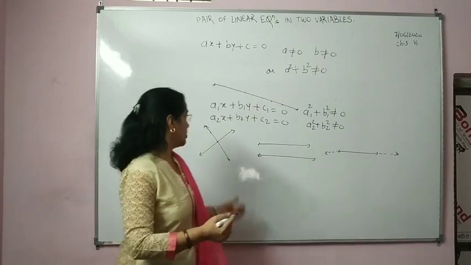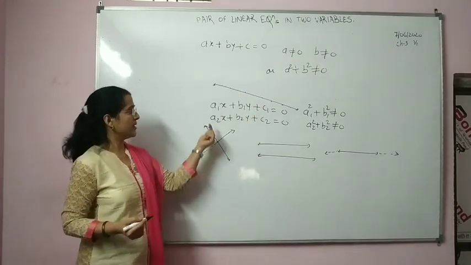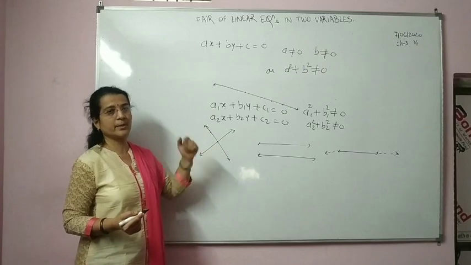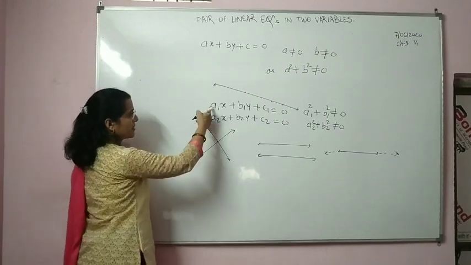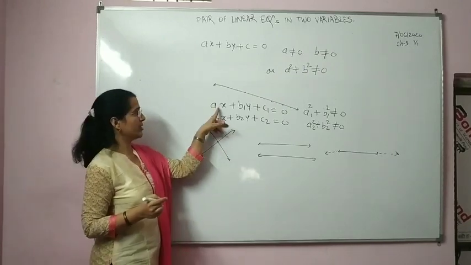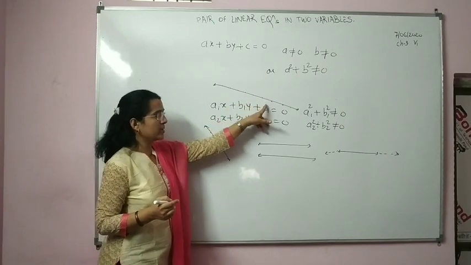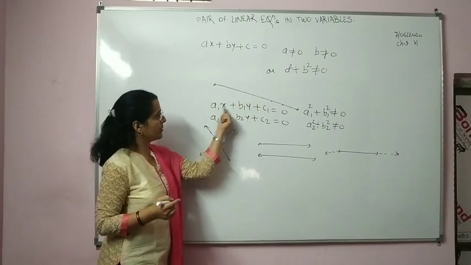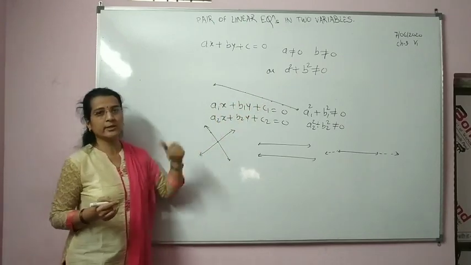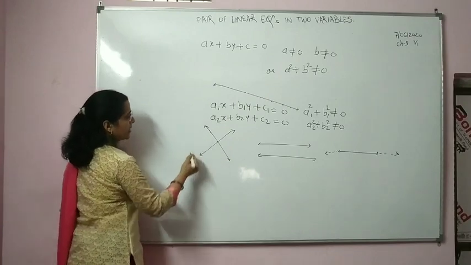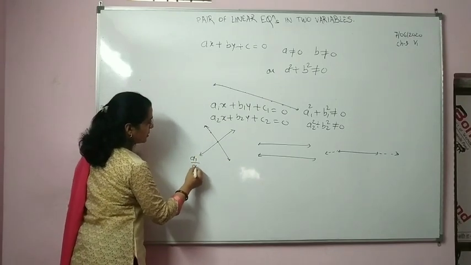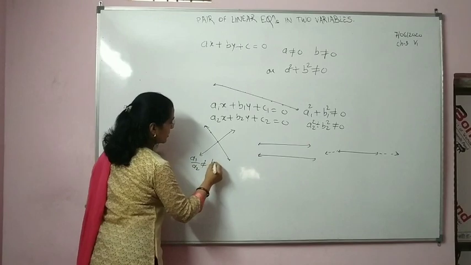Now see, if the two lines are intersecting lines, what do we have to do in the algebraic method? We just find the ratios of the coefficient of x, the coefficient of y and the constant term, compare them and see the condition. For intersecting lines, a1 upon a2 is not equal to b1 upon b2.